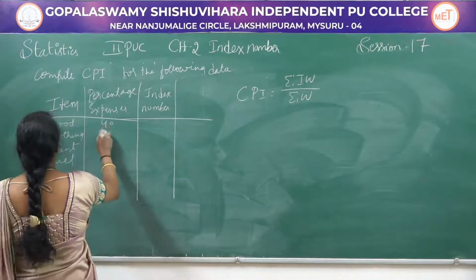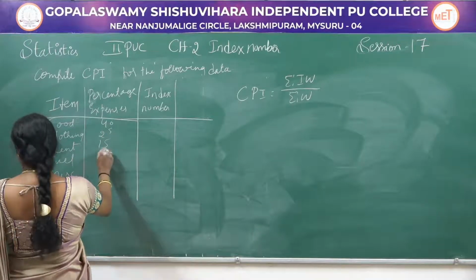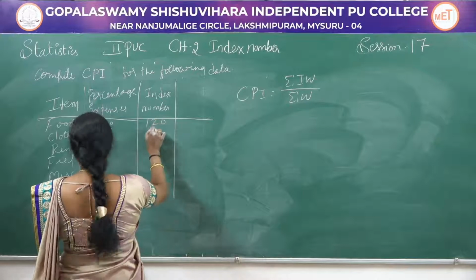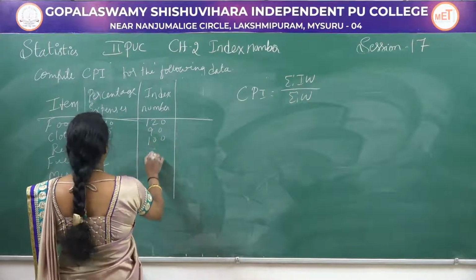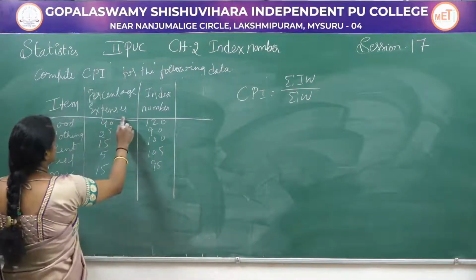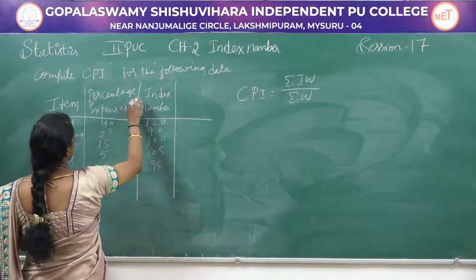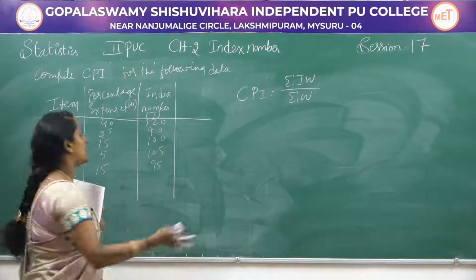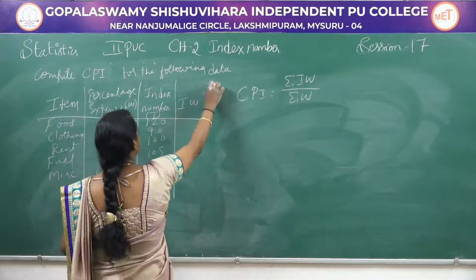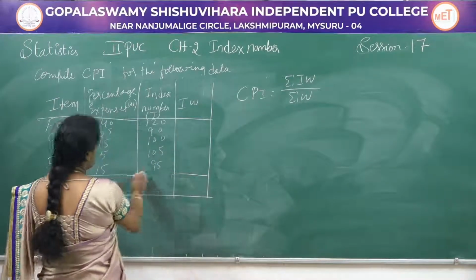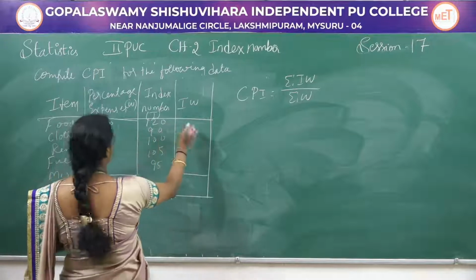This is 40, 25, 15, 5 and 15 and index number is 120, 90, 100, 105 and 95. Here percentage expenses, we will consider it as W. Index number, we consider it as denoted by I. Take the product of I into W. So product of I into W I am going to write.